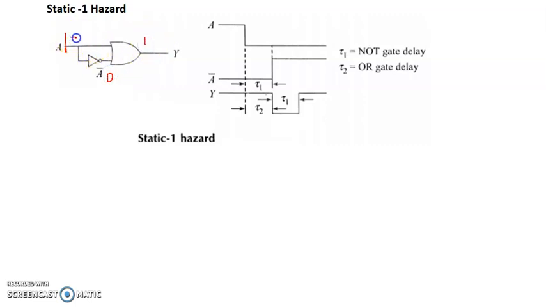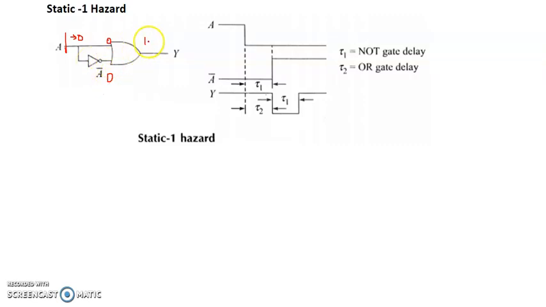Now the input has changed from 1 to 0. As soon as the input changes from 1 to 0, we receive 0 across this A input, but this inverter will take some time to process that 0 to make it 1. Till then, the input across this OR gate is also 0.